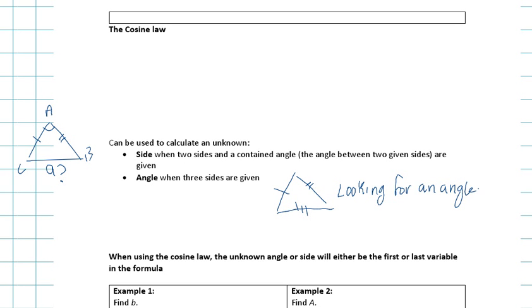So the first one: if I know angle A, and I know side B, and I know side C, and I'm looking for side A, the cosine law is going to be like this: A squared equals B squared plus C squared minus 2BC cosine angle A. You know side B, you know side C, and you know angle A, so you can put them all in the formula and solve for A squared.